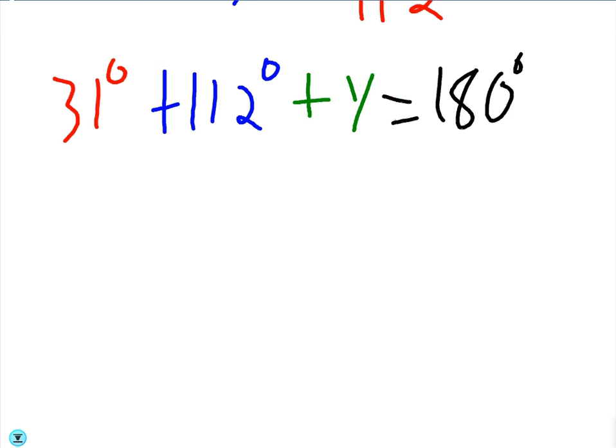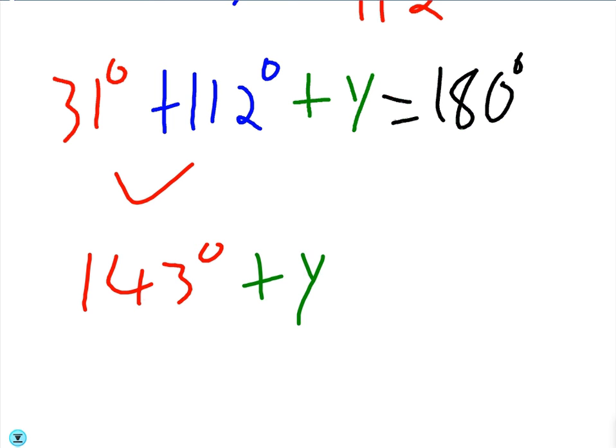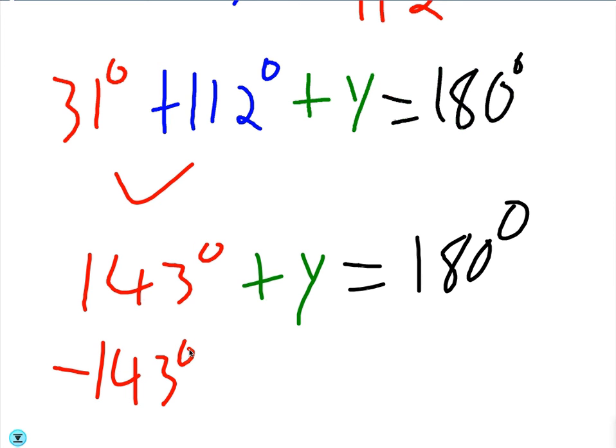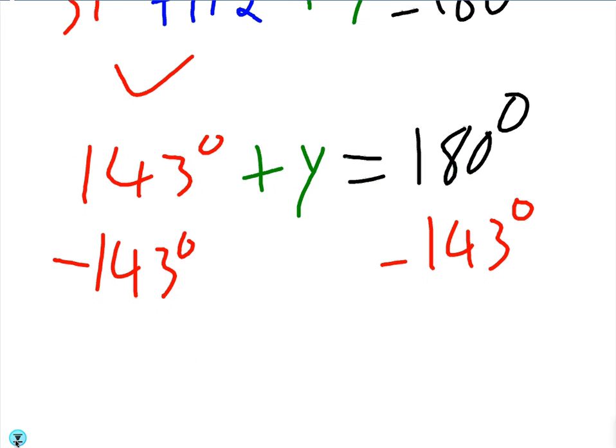Okay, so 31 plus 112 is 143 plus y is equal to 180. Then I'm going to subtract 143 from both sides. Final answer. What's 180 minus 143? Good, 37.